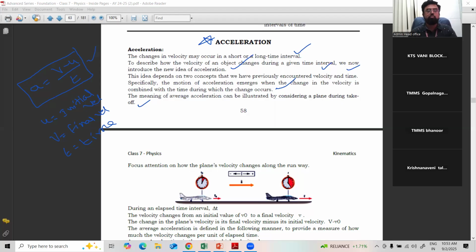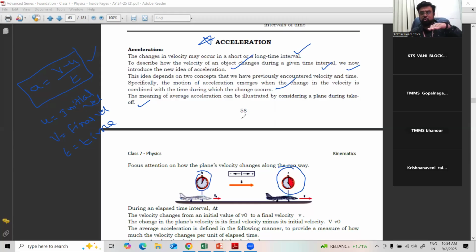Focus attention on how the plane's velocity changes along the runway. Initially it is like this. As it moves on the runway, see how the velocity changes from here to here. That is called acceleration: change of velocity in a fraction of seconds. It won't take much time.